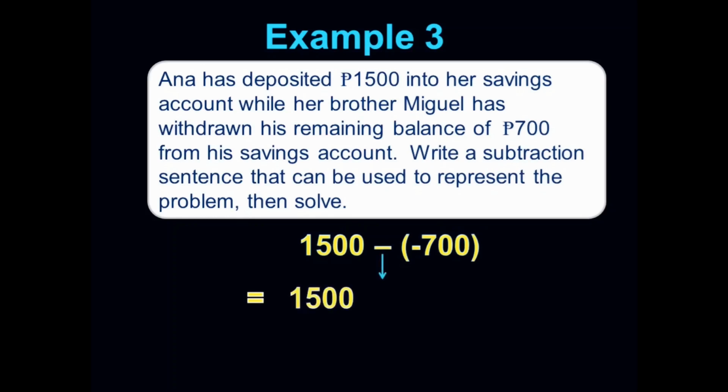After that, we're going to change the minus sign into plus sign. After that, we're going to change the subtrahend into its opposite. The opposite of negative 700 is positive 700. And then we'll proceed to addition. 1,500 plus 700 is 2,200.